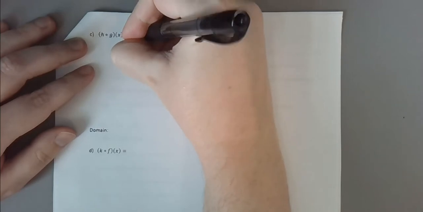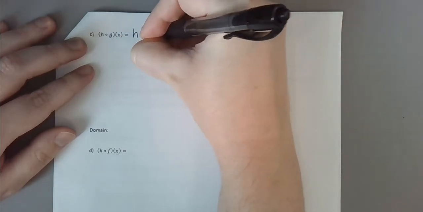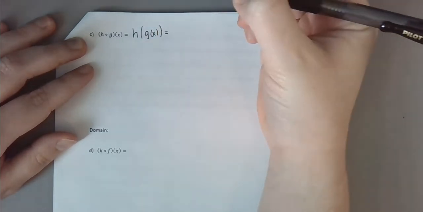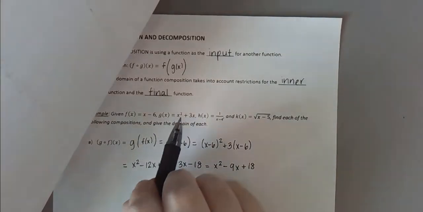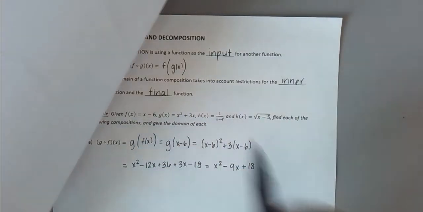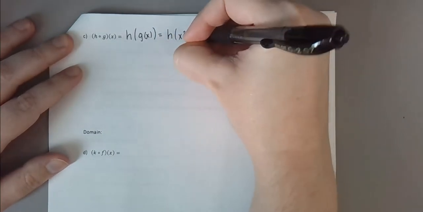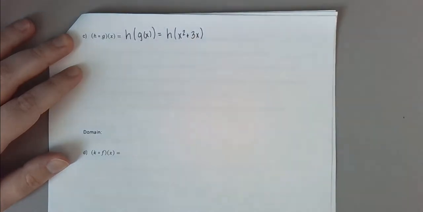Okay, so h composed with g, so that's going to be h of x with g of x as its input. Now g of x, that was our quadratic, right? So g of x is x squared plus 3x. So that's now going to be the input. So h of x squared plus 3x.